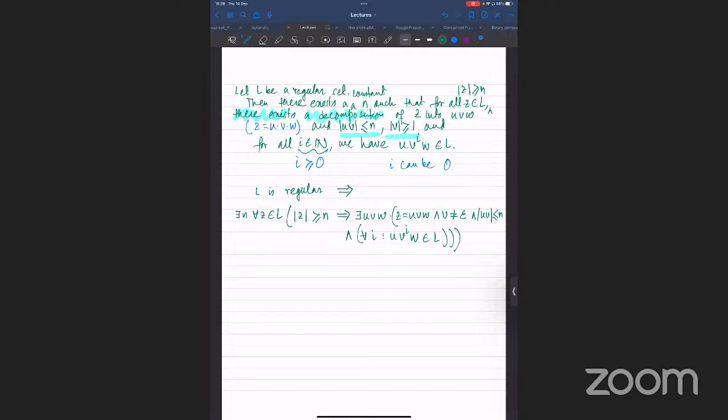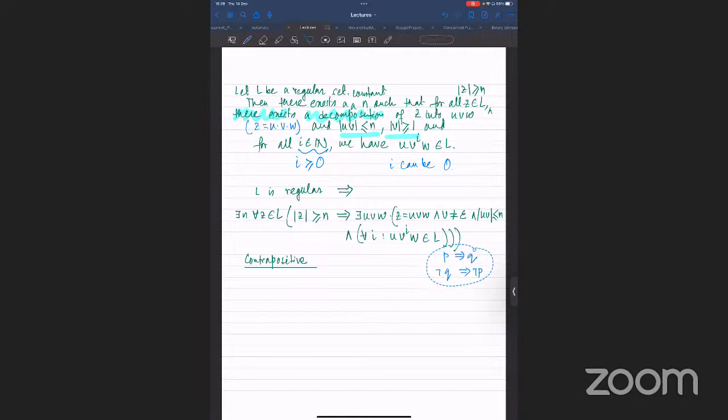So we would like to write the contrapositive form also, which is very important. There will also be an implication. Suppose you have P implies Q, the contrapositive is not Q implies not P, correct?